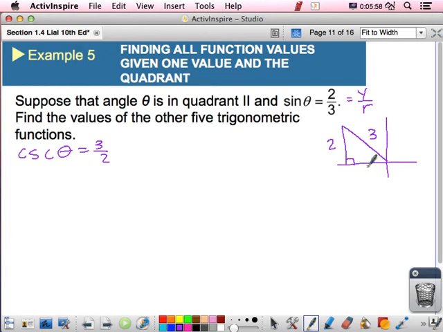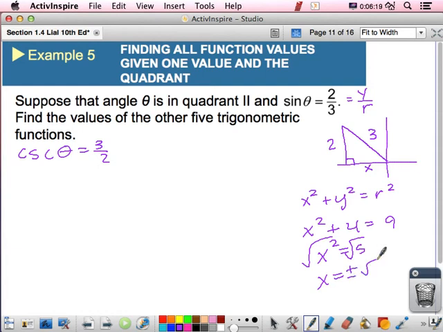So if I want to know this x value, right here, I know that x squared plus y squared must equal r squared. So we know that x squared plus 4 has to equal 9. So x squared is 5, which means x is plus or minus square root of 5.